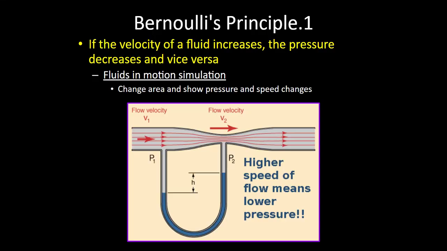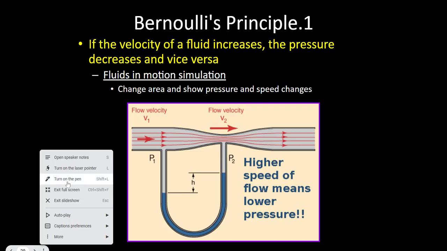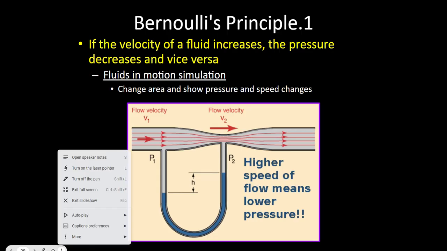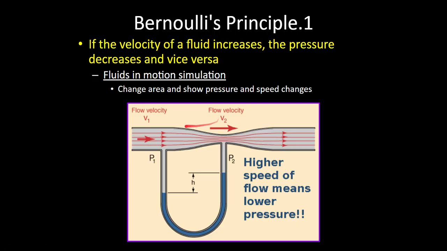Bernoulli's principle is relatively straightforward. If the velocity of a fluid increases, the pressure decreases, and vice versa. So I'm going to go to the picture here. Here we have a wider area of pipe, and here we have a narrow area of pipe.